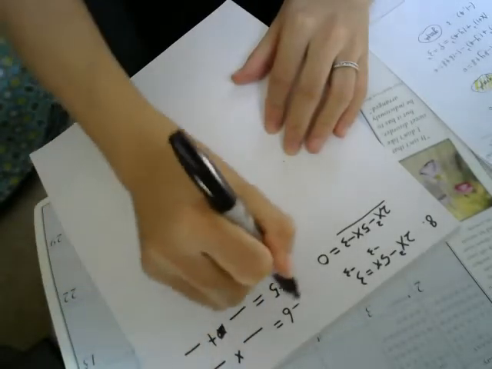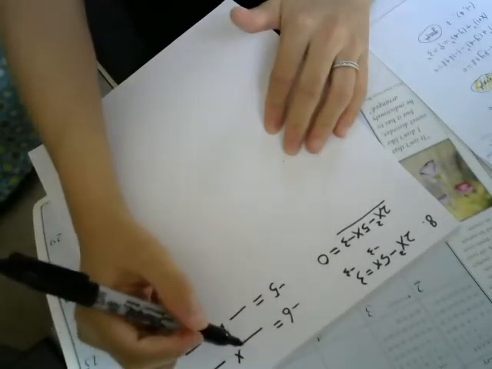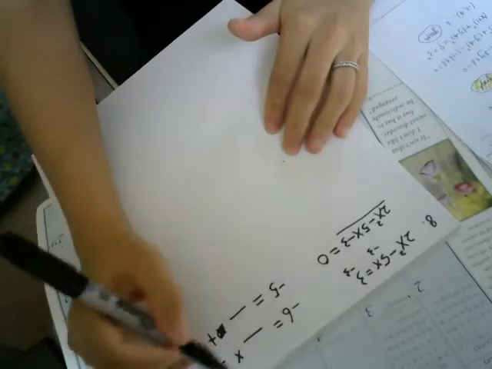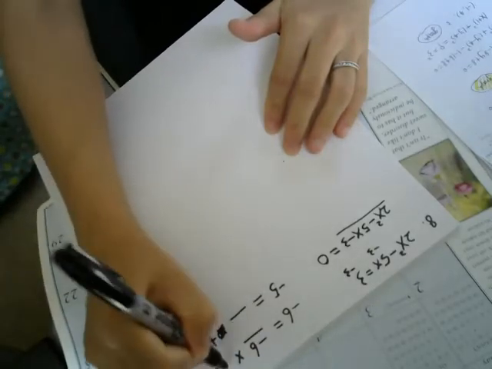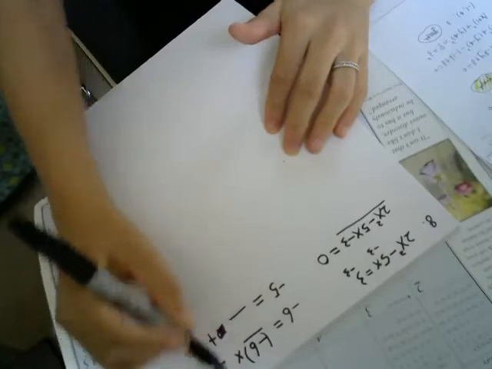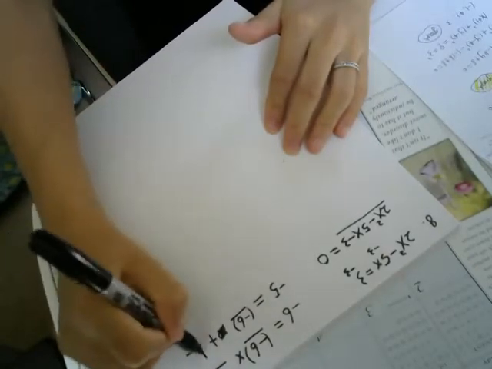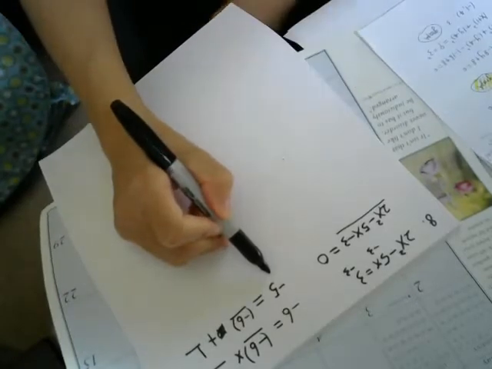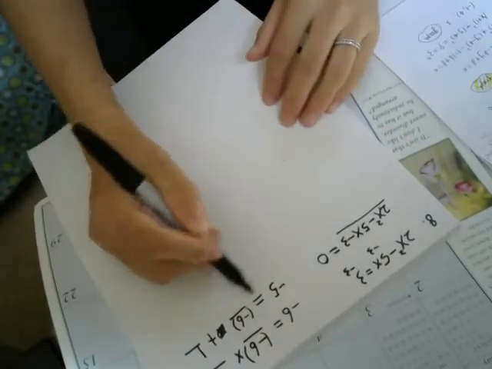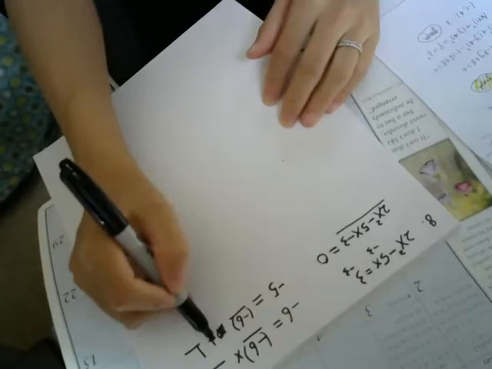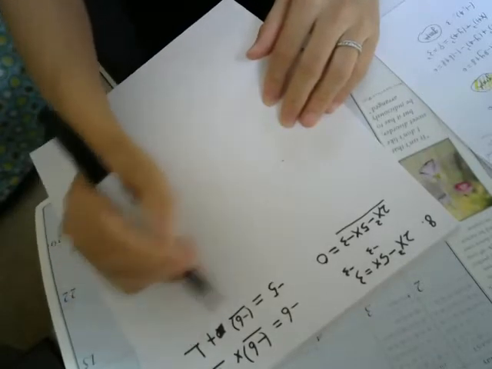So if you have had enough practice, you could easily find that negative 6 times 1 is negative 6, and also negative 6 plus 1 equals negative 5. Okay, so now we found the two numbers. One is negative 6, one is 1.